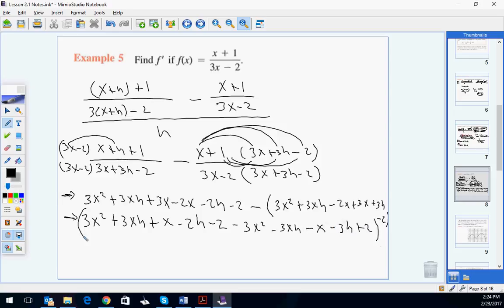All right, so here's my long string. So now, go through, sweet, sweet, sweet, sweet. All I have left is a negative 5h. Is that just the top?